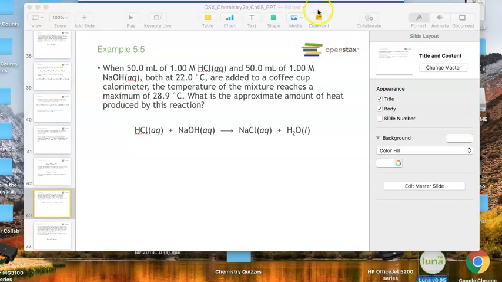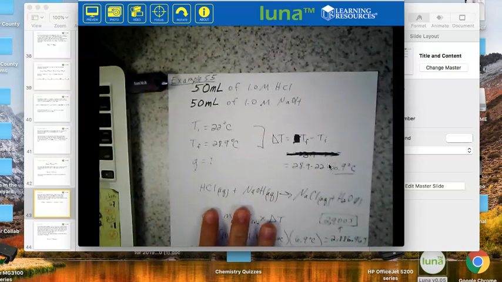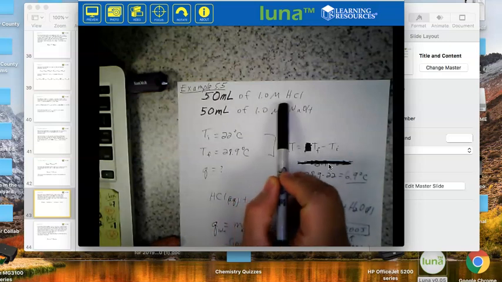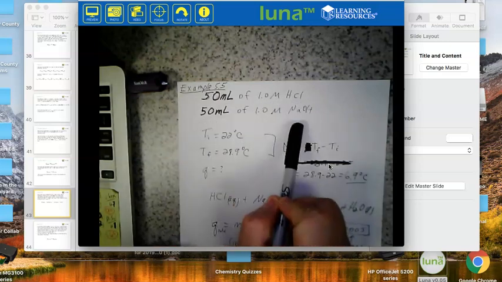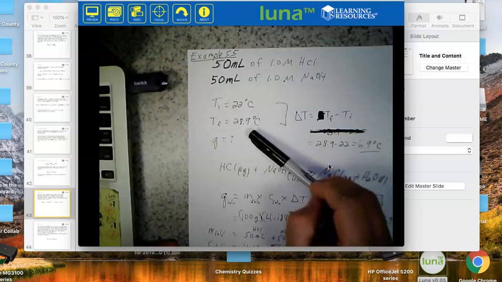So the first step, of course, would be to write down the information that's given to you. They use 50 mL of a 1 molar hydrochloric acid solution and 50 mL of a 1 molar sodium hydroxide solution. The initial temperature was 22 degrees Celsius. The final temperature was 28.9 degrees Celsius.